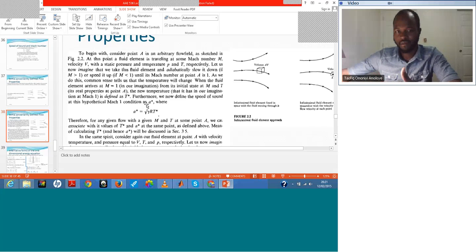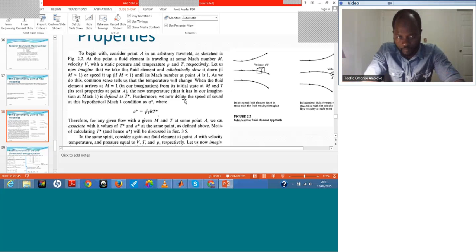And at that point, the temperature it will possess is defined as T star. So we can also define a hypothetical speed of sound in such a state as a star, where a star is equal to the square root of gamma R T star.